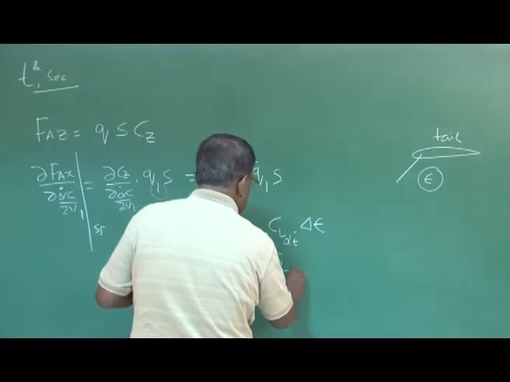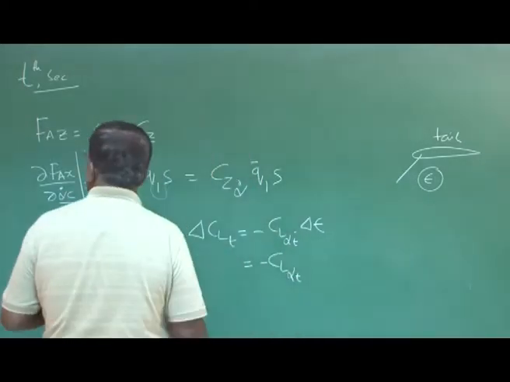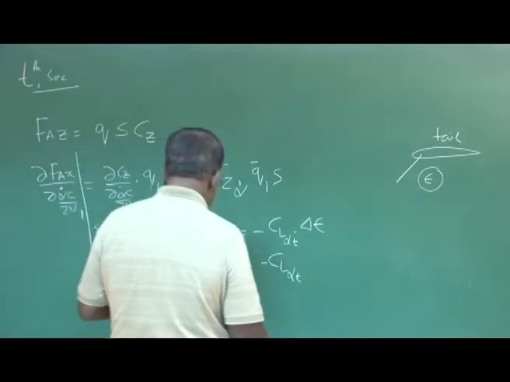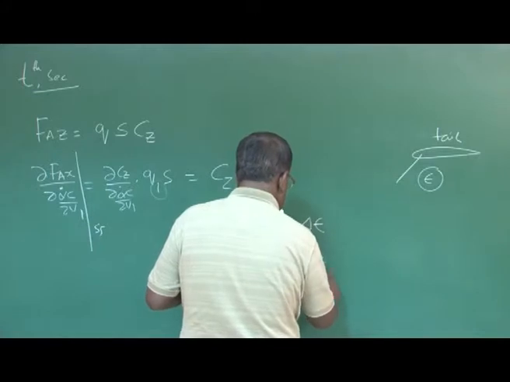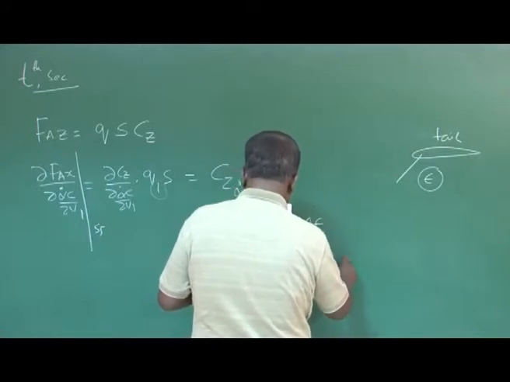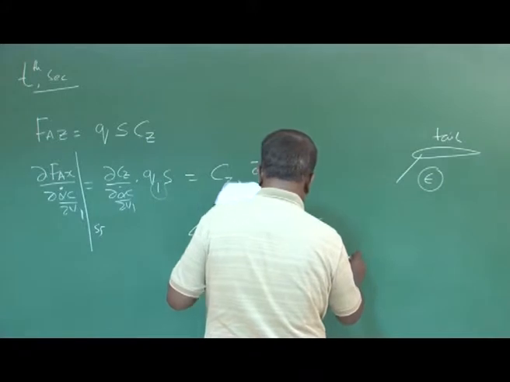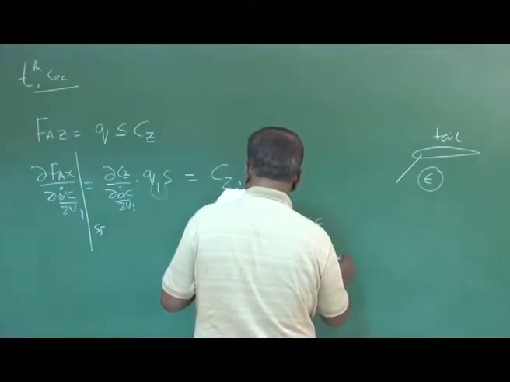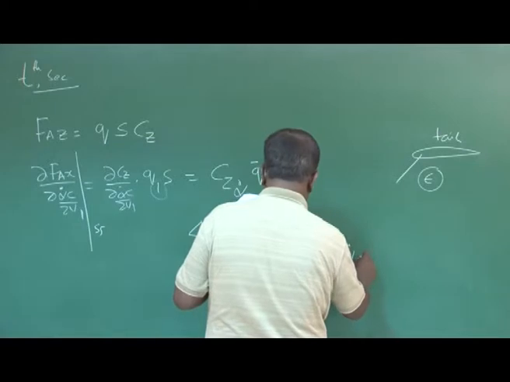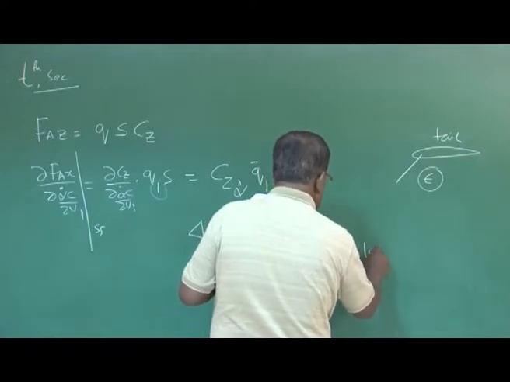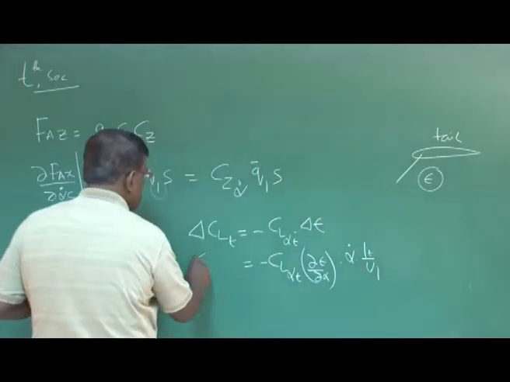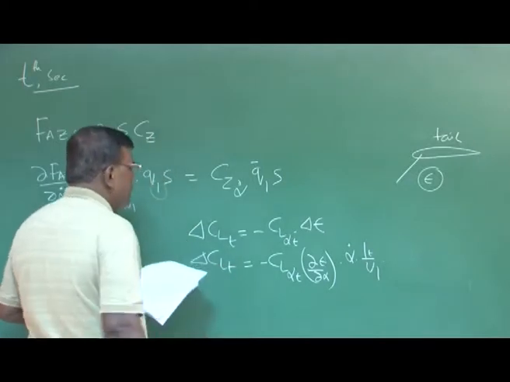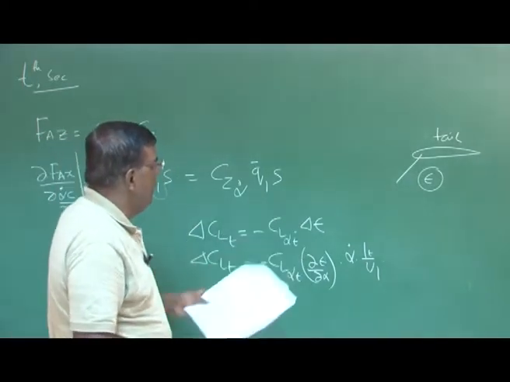Now this I can write as minus CL alpha tail, and for delta epsilon we have derived an expression. We can write it as d epsilon by d alpha into alpha dot into LT by U1. Delta CLT is CL alpha tail into delta epsilon.